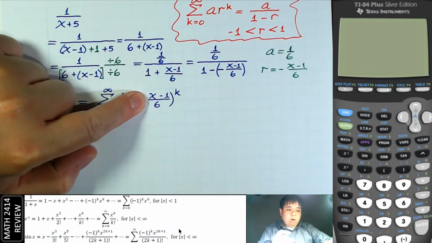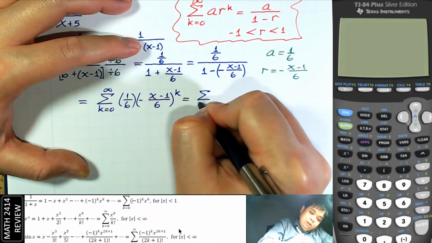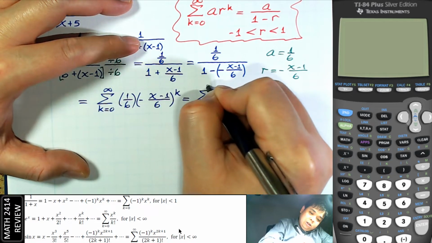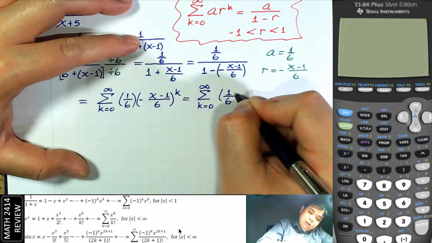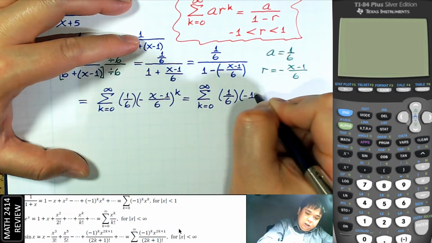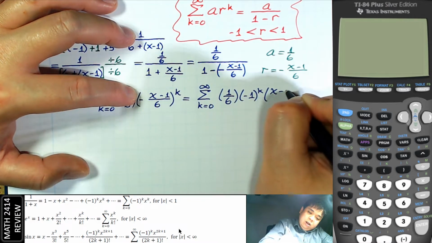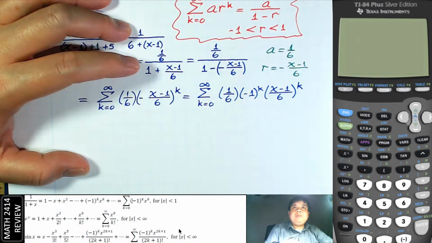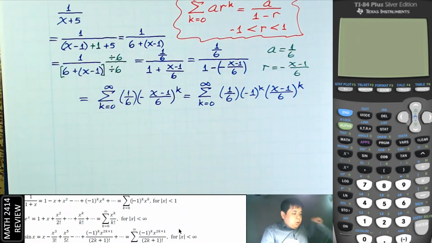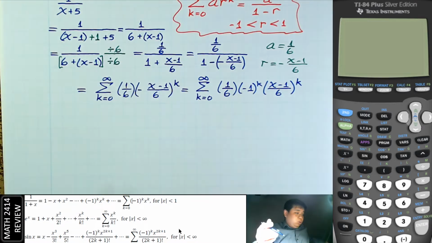Or if you want to write the negative separately, that's fine as well. We have 1 over 6, the negative 1 to the k, and then we have x minus 1 over 6 to the k. Now we want this up to order 3, so we just need to write from k up to 3.